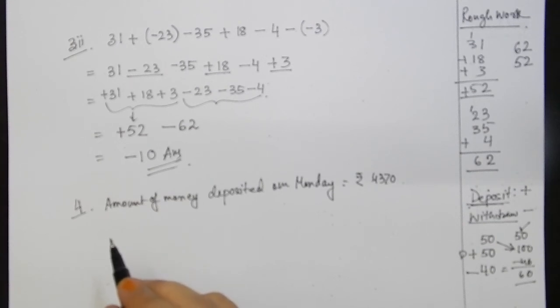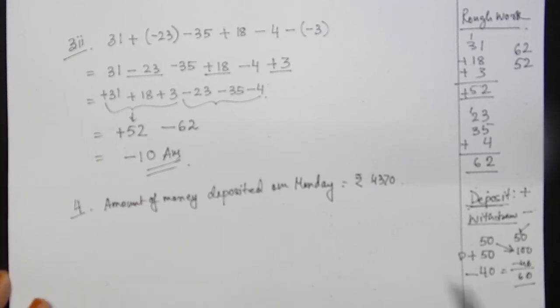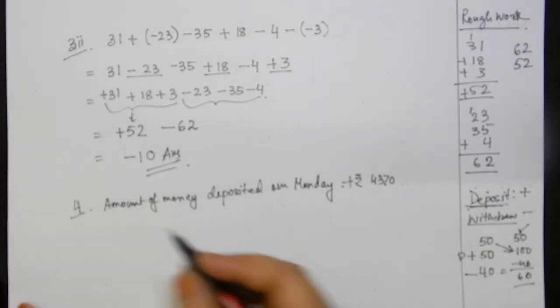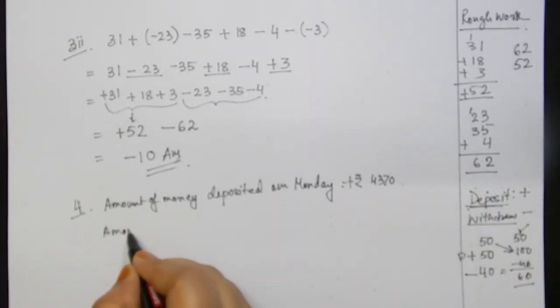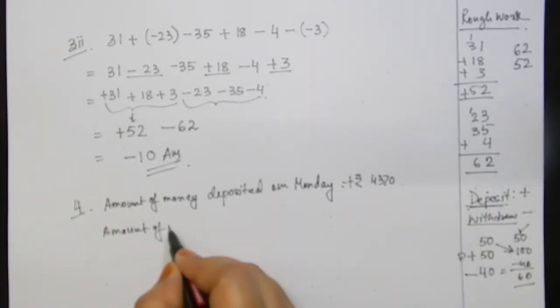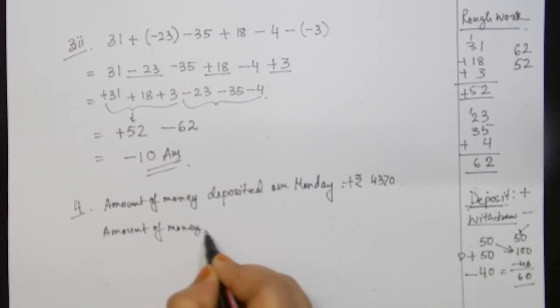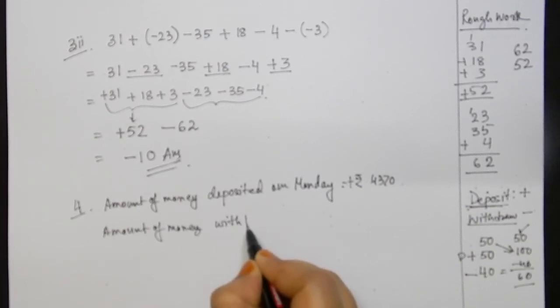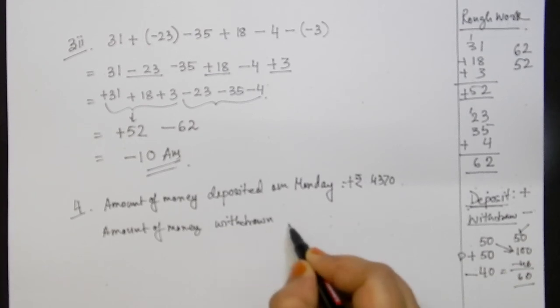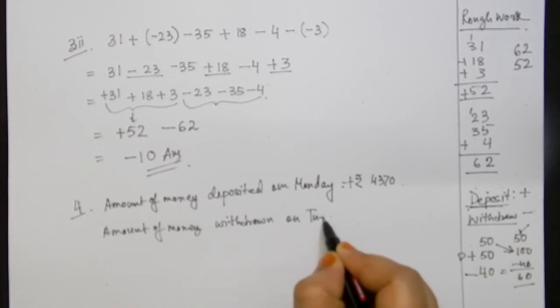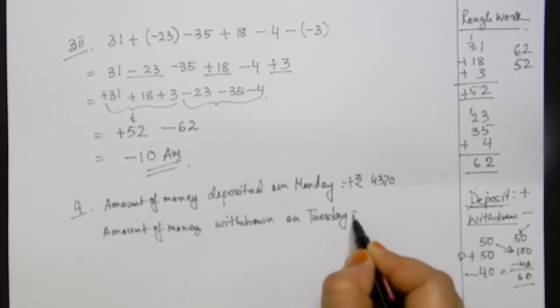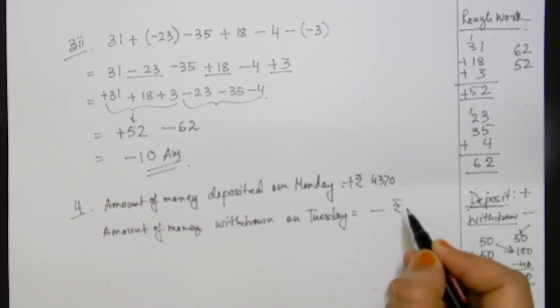Then on Tuesday, so this is plus, amount of money withdrawn on Tuesday is minus, isn't it?